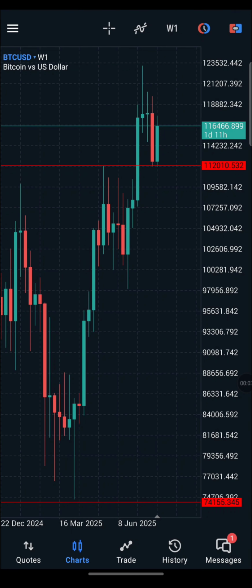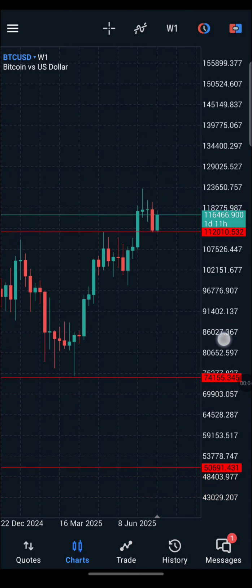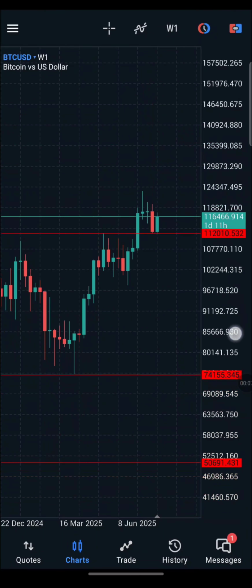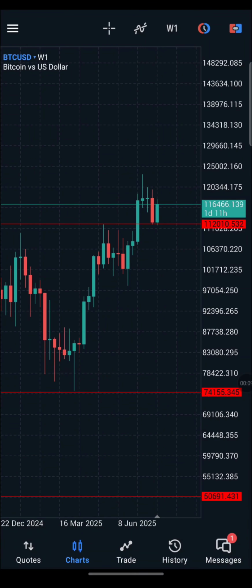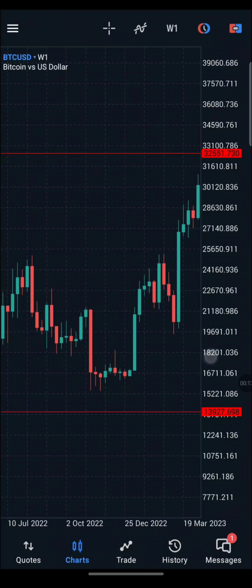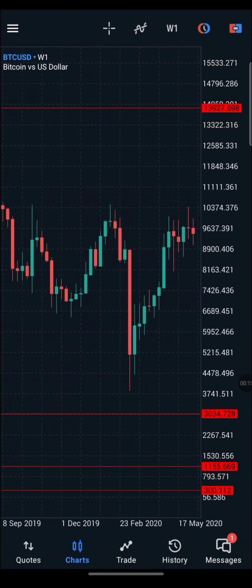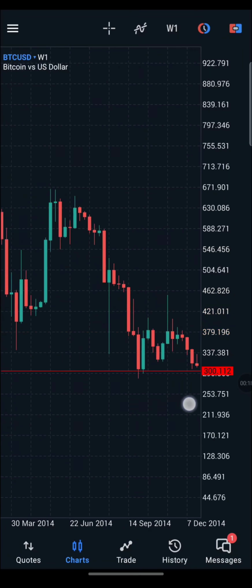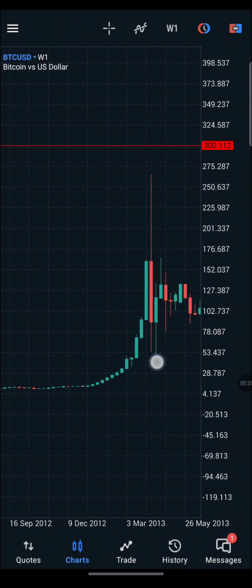Here is where it gets interesting. Now, when you switch to W1, that is weekly, we're able to see these movements here as marked with the horizontal lines. So we'll begin with the first line and observe what it marks out.